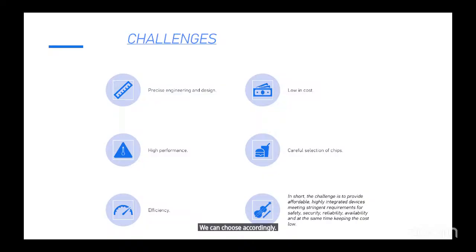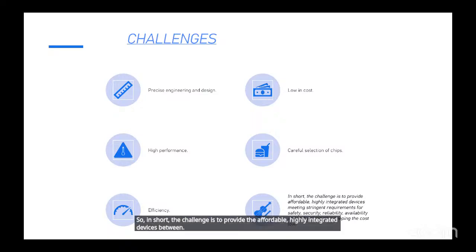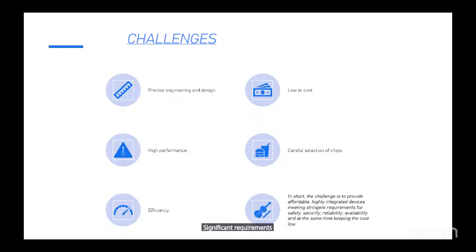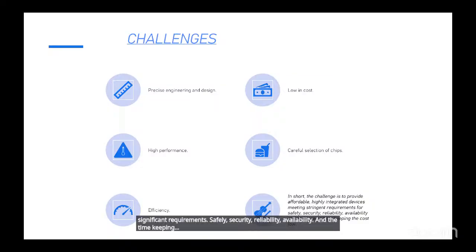Efficiency is also very challenging. In short, the challenge is to provide affordable, highly integrated devices meeting significant requirements of safety, security, reliability and availability, while keeping the cost low. These are the main challenges in the embedded world.